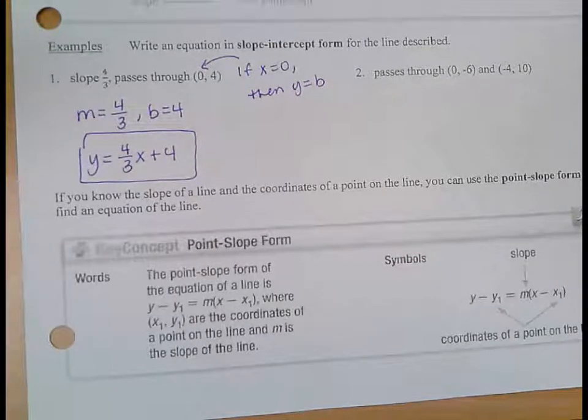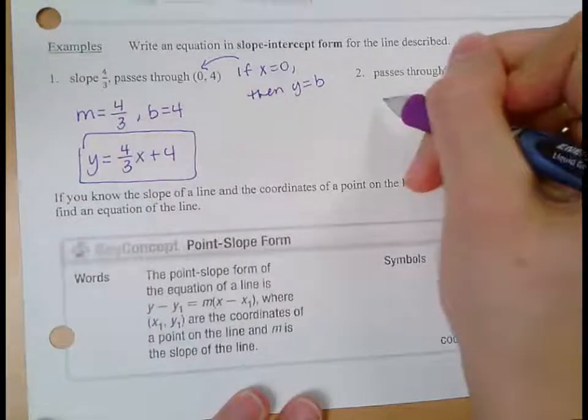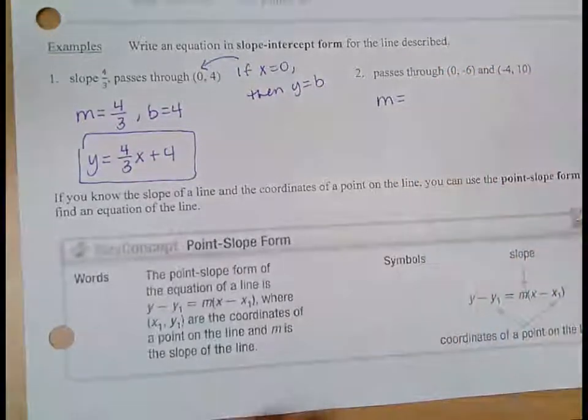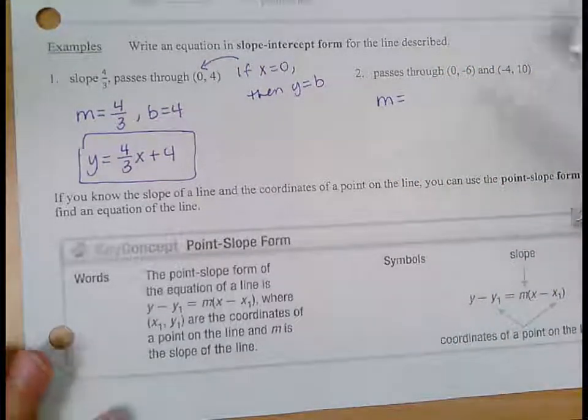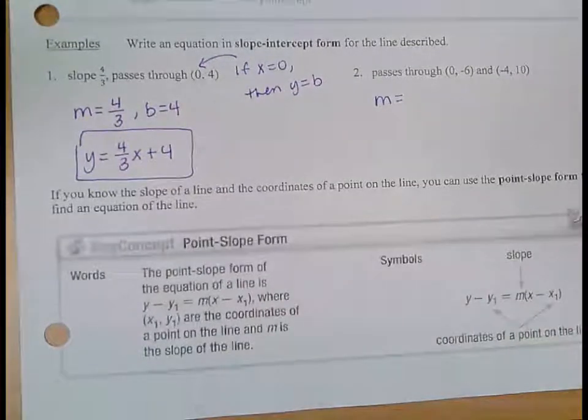So looking at example 2, we have a line that passes through 0, -6 and -4, 10. So here, whenever you're not given the slope, that should be the first thing that you find. So I have to find the slope m first, and I find that using the slope formula, change in y over change in x.